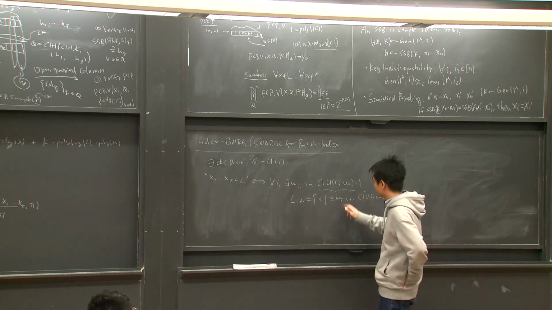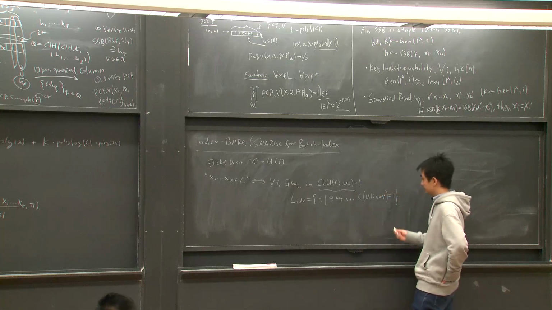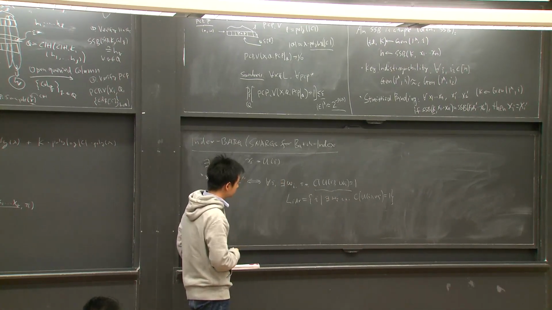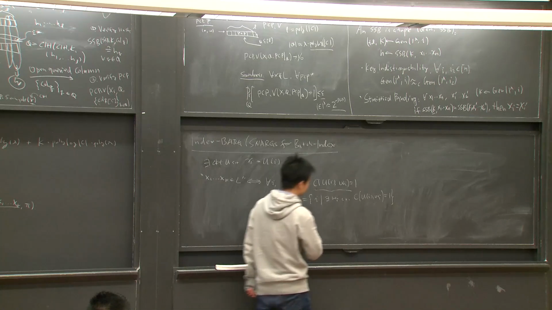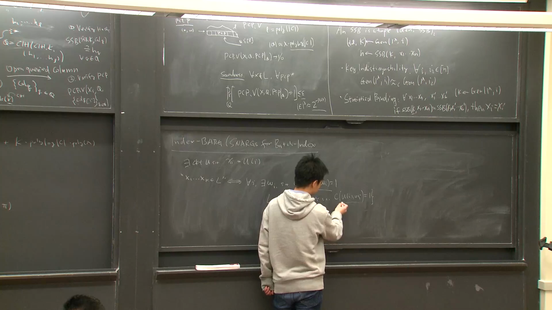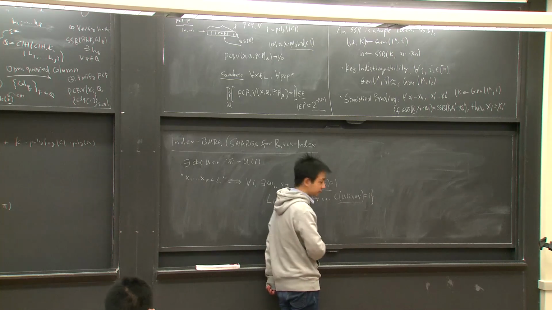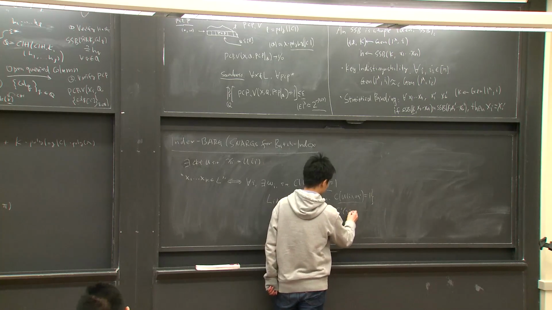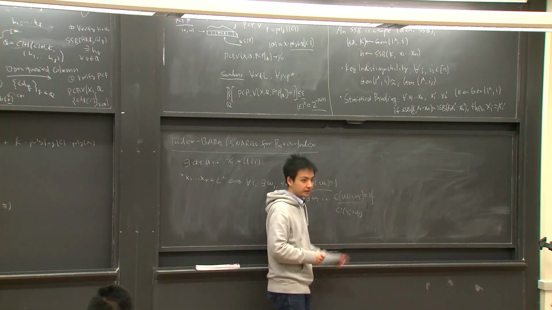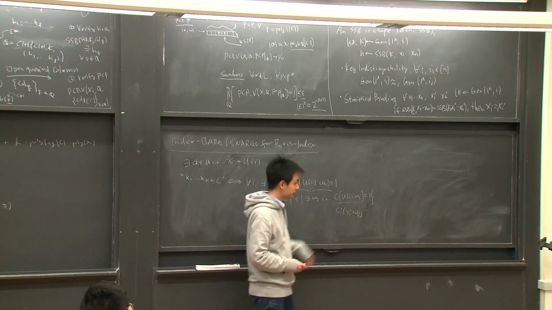This is just a rewriting, and you can view it as a new NP verification circuit C prime. It only takes i and wi as input, and it internally computes U and verifies C.